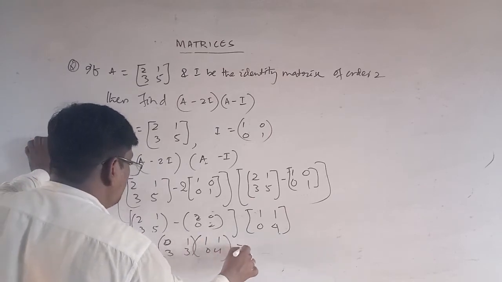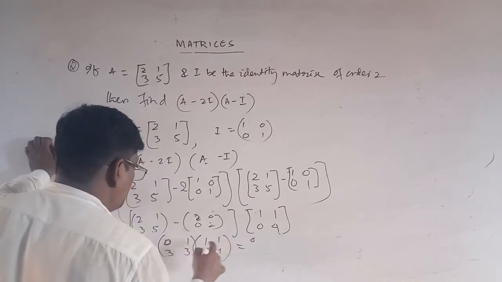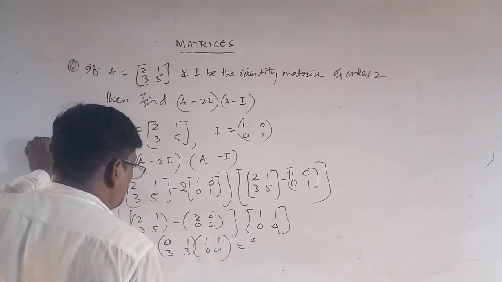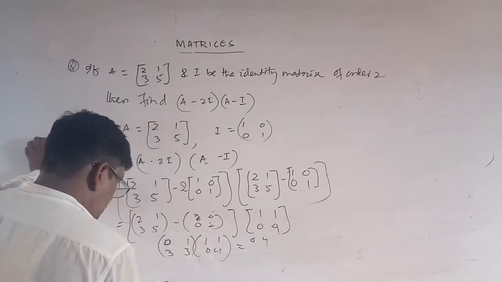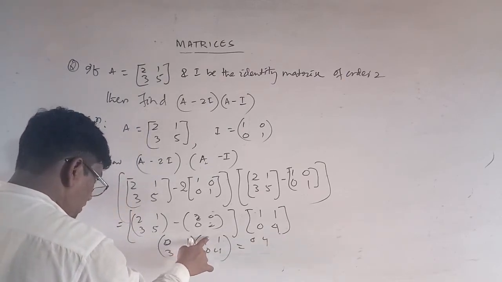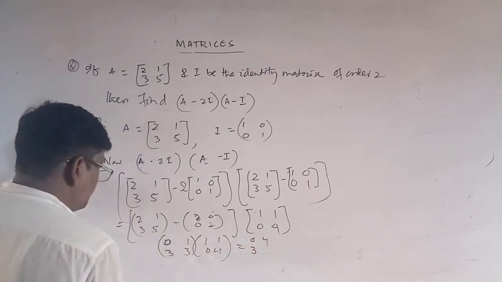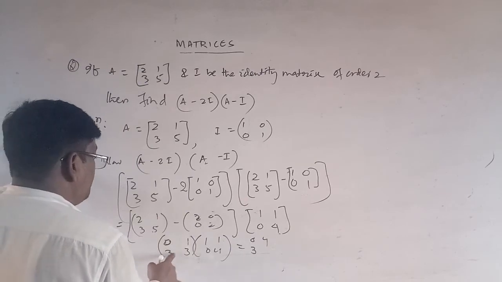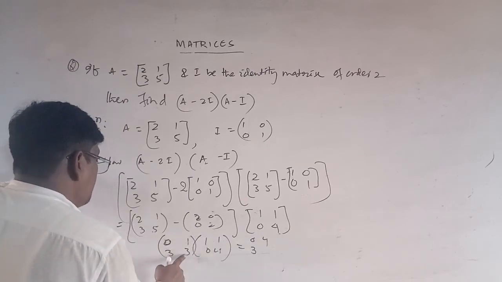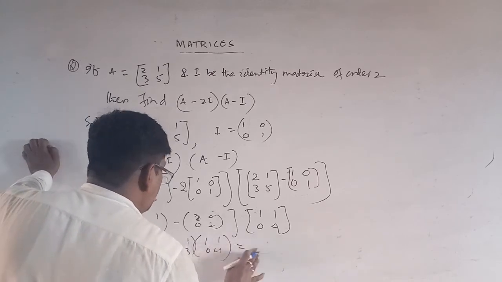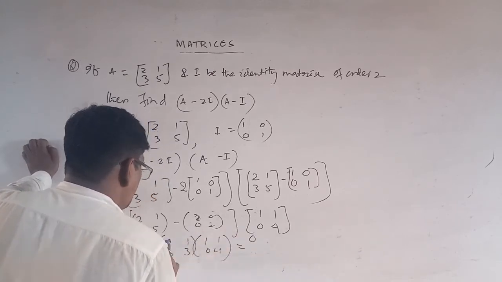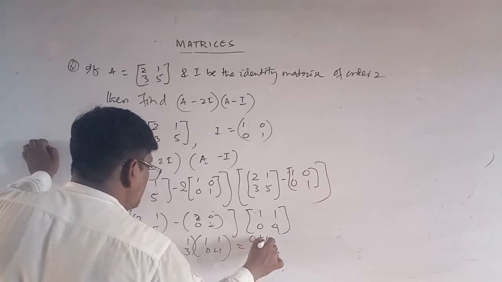Multiply this. So 0 into 1, 0, 1 into 0, 0.